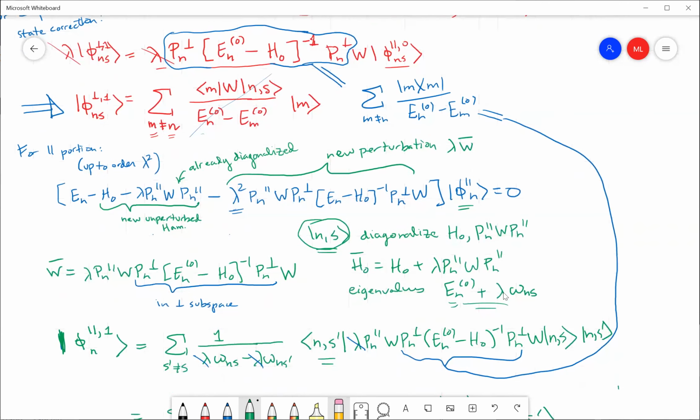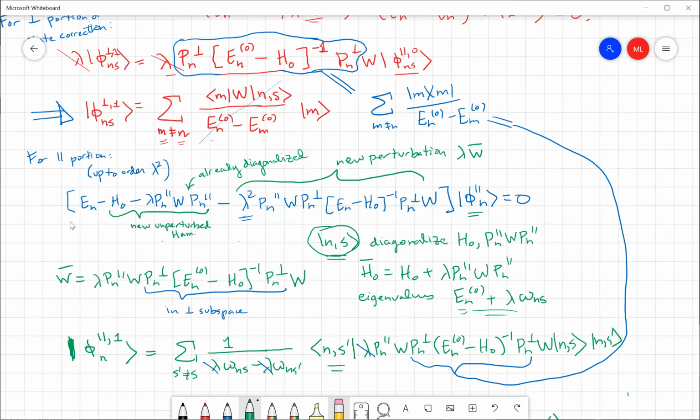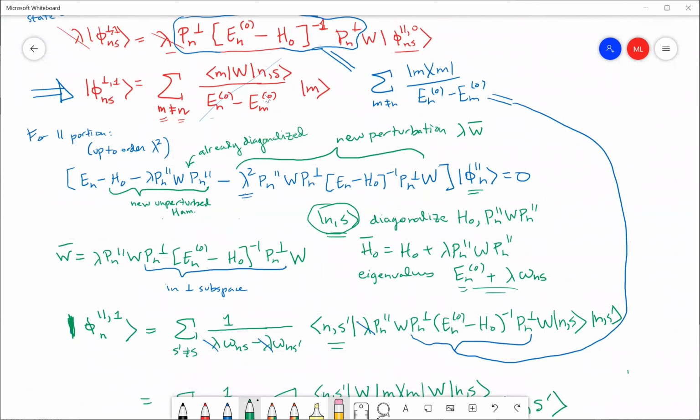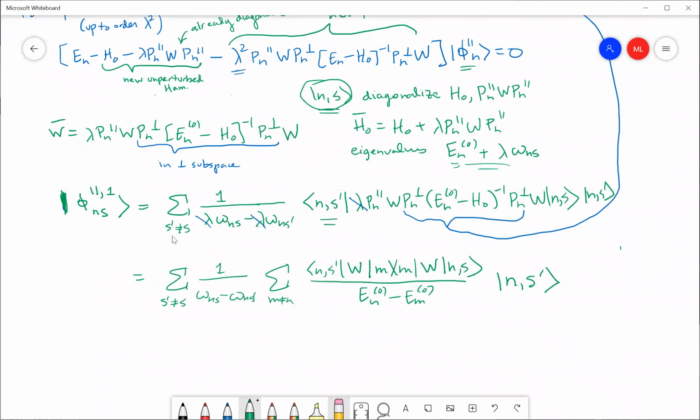But provided that these are not degenerate, this unperturbed Hamiltonian doesn't have any degeneracies in it, so we can just use regular perturbation theory. And what do we do in regular perturbation theory? We do this. This is our state correction, where we sum over all the m's not equal to n for that particular, so I should put an s here too. So we just sum over all the s primes not equal to s, and we have this N S prime projection over the difference in eigenvalues.